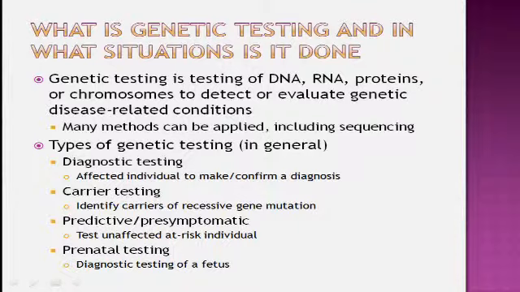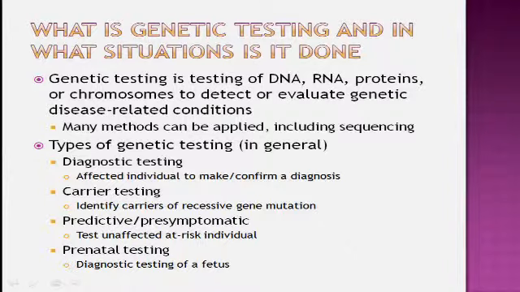Carrier testing isn't really relevant to neurodegenerative disease, to FTD, because it's autosomal dominant, and carrier testing is generally used to identify a mutation that is present on one copy in a recessive disease, so that you need two copies. That's commonly done, for example, for cystic fibrosis for individuals who are receiving prenatal counseling.